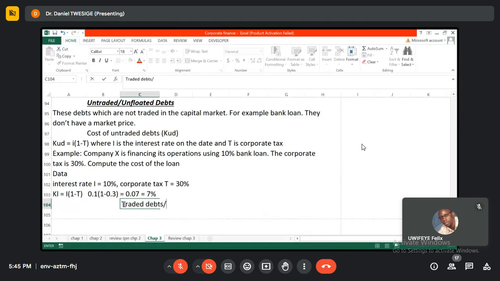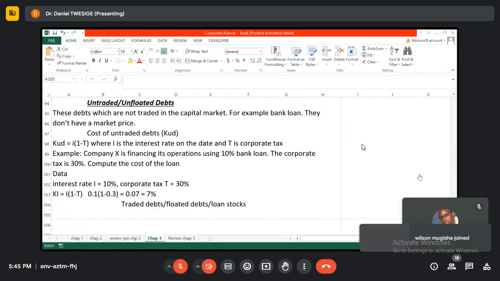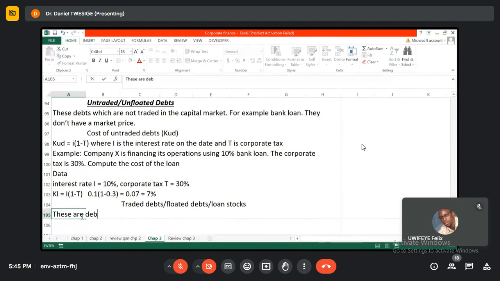Now, another one is what we call the traded debts or floated debts. Sometimes we call them loan stocks. These are debts which are tradable, which are traded, or which are floated in the market, traded in the capital markets.